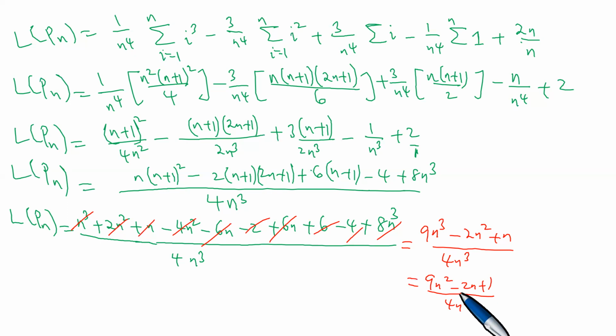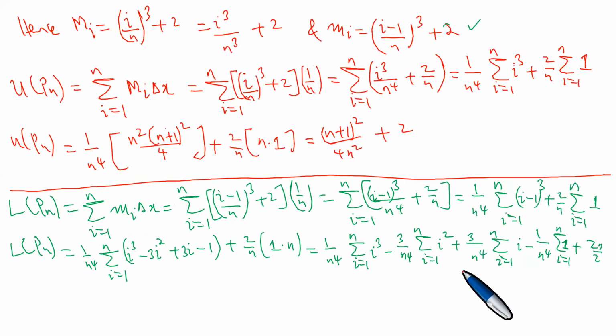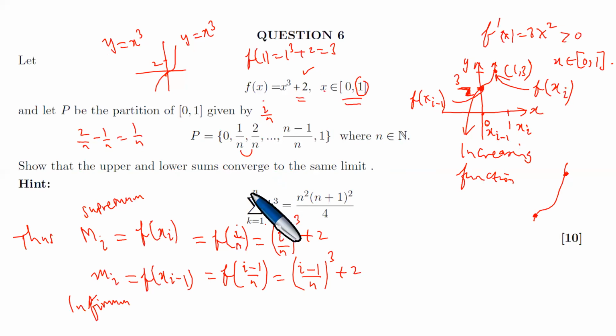So you have x cubed plus 2, that is the original function. So this is correct. But what about this one? Let's see now.